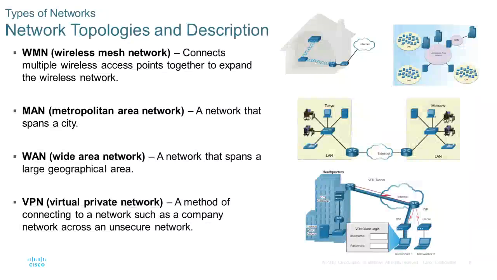Metropolitan is outside of the campus, but within the same metro area, giving you the same high-speed connections as a traditional LAN connection. That being said, our WAN connections are slowly increasing in speed as more people go to fiber across the country. The last one on this side, virtual private networks, VPNs.